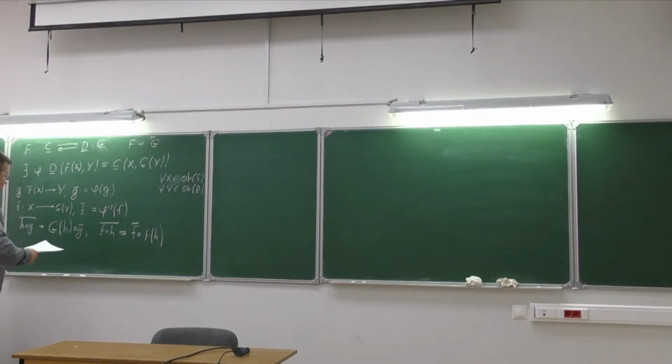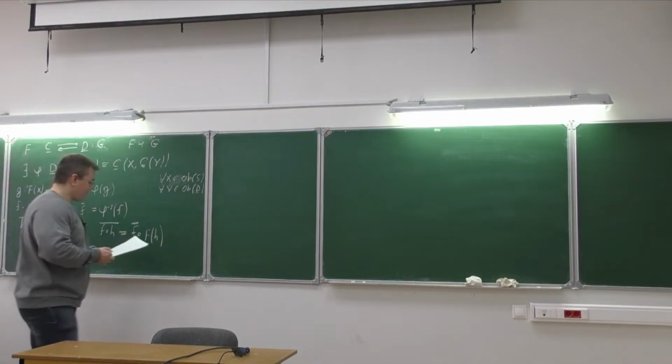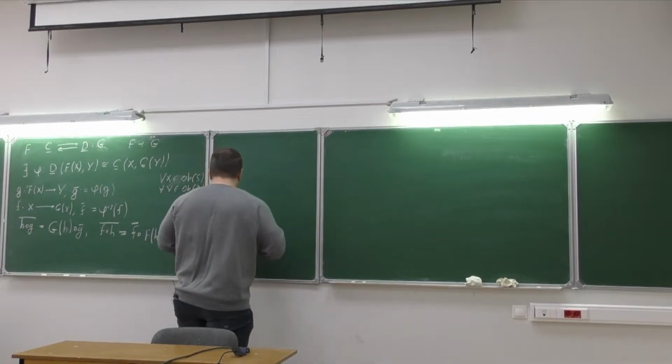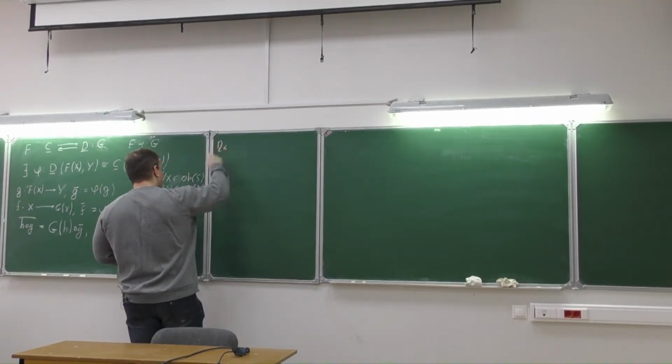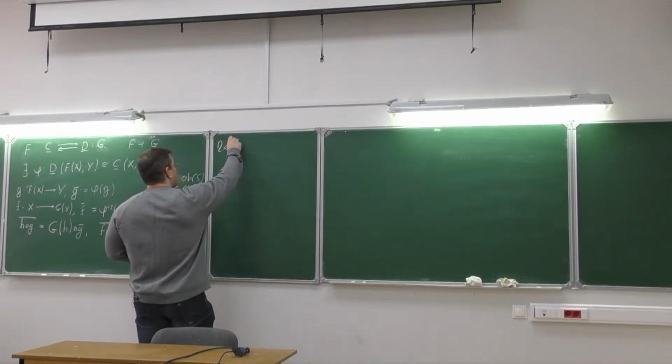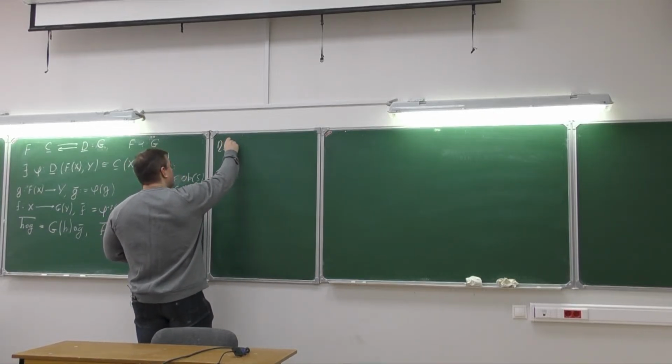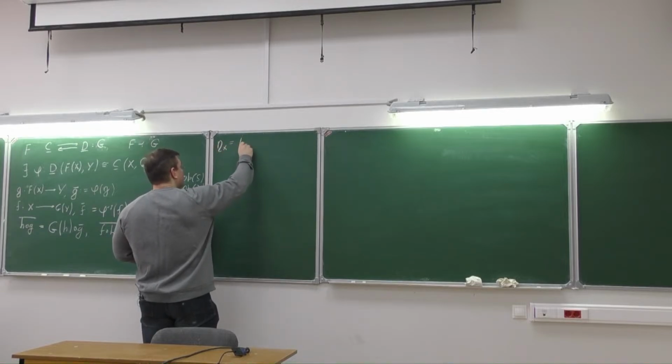Okay, so the last observation that we made was that we can introduce two natural transformations called the unit and co-unit of the adjunction. So the standard notation is eta sub x for the component x, and that was by definition the identity transformation on the object F of x with the bar.